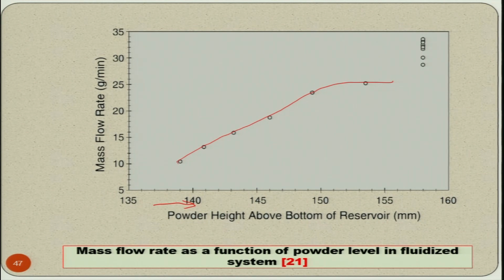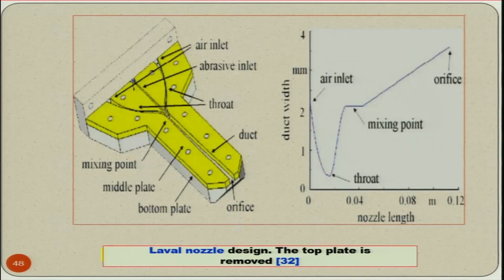If it is fluctuating, then your mass flow rate of the abrasive particles is also going to fluctuate, and this you have to take into consideration very carefully, because if the mass flow rate of the abrasive particles is changing, as we have seen in the earlier slide, then the erosion rate is also going to change, and it is very important to check that the erosion rate does not change, otherwise it will be very difficult.